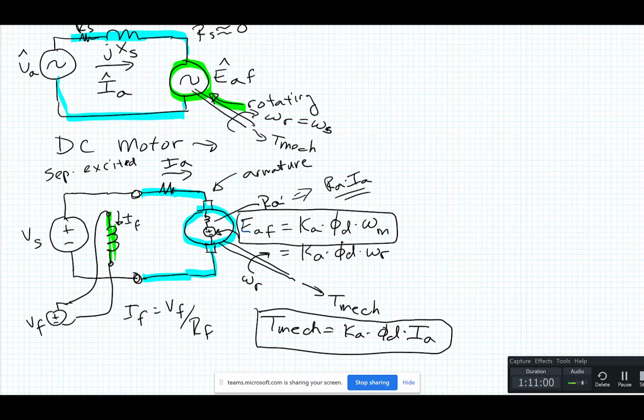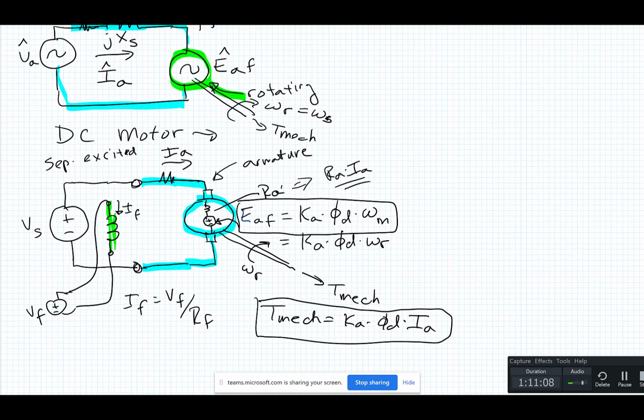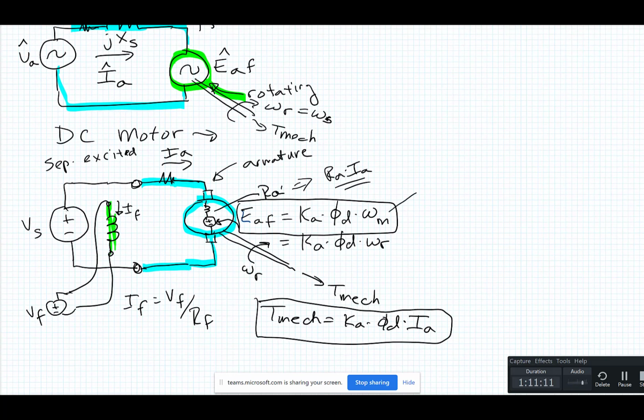is that you can independently control the torque and the speed. You can control the speed by controlling the voltage, assuming that the field is fixed.